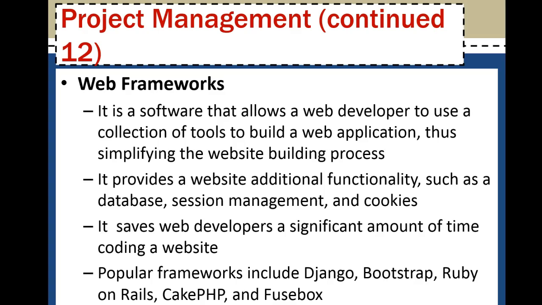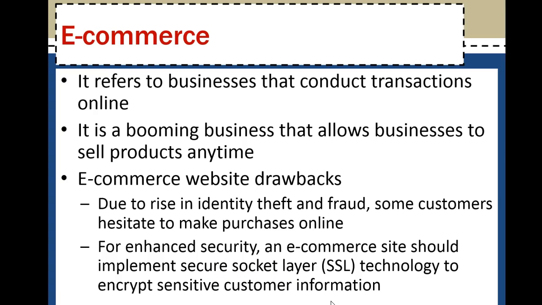Using a web framework can save web developers a significant amount of coding time. Popular frameworks include Django, Bootstrap, Ruby on Rails, CakePHP, and Fusebox. These are becoming very common. CakePHP and Bootstrap are very common frameworks that developers are using nowadays.